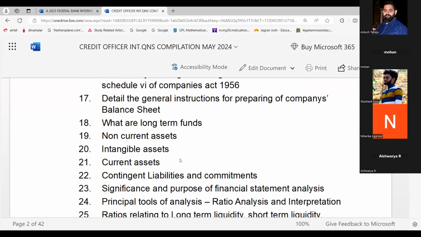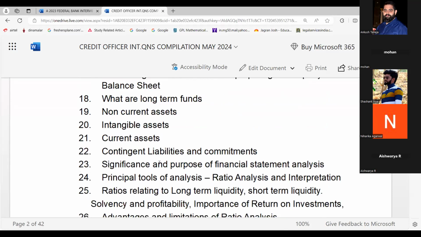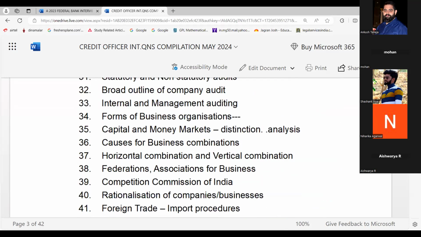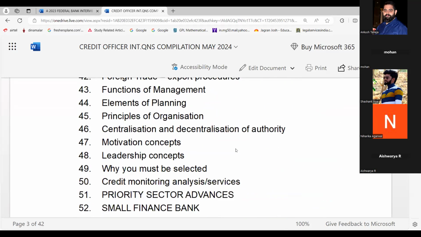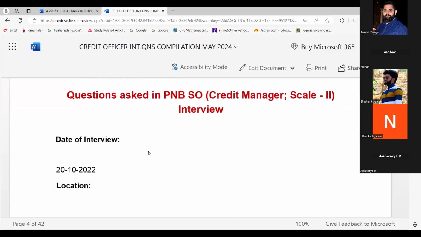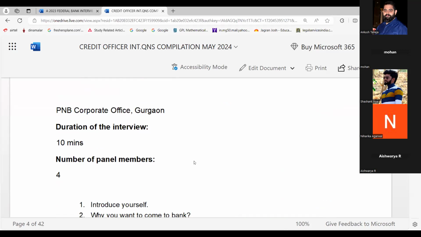For example, majority of our PNB people will get questions like: what are intangible assets, what are current assets, what is the distinction between capital and money markets, what are priority sector advances. They'll ask broad questions only. But in your case, the questions will go on like this.